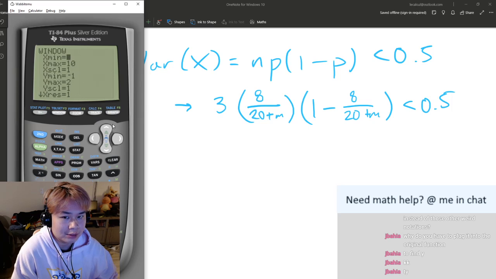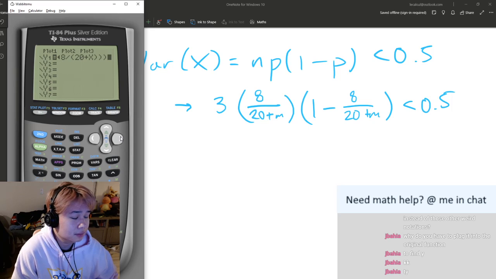Okay, maybe I need to change my window somewhere. I think I put it in right.